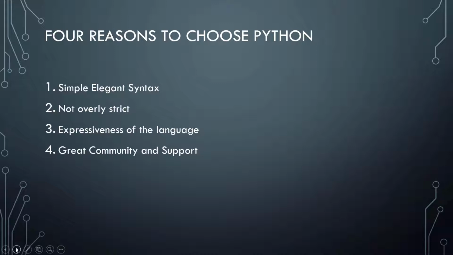The reason we choose Python as the development language, or the first language to learn nowadays instead of C or C++, is because of its simple and elegant syntax. It's not overly strict. It has expressiveness, meaning it is more or less similar to the normal English that we use, though it has its own grammar or syntax that you have to follow, otherwise you will get syntax errors.